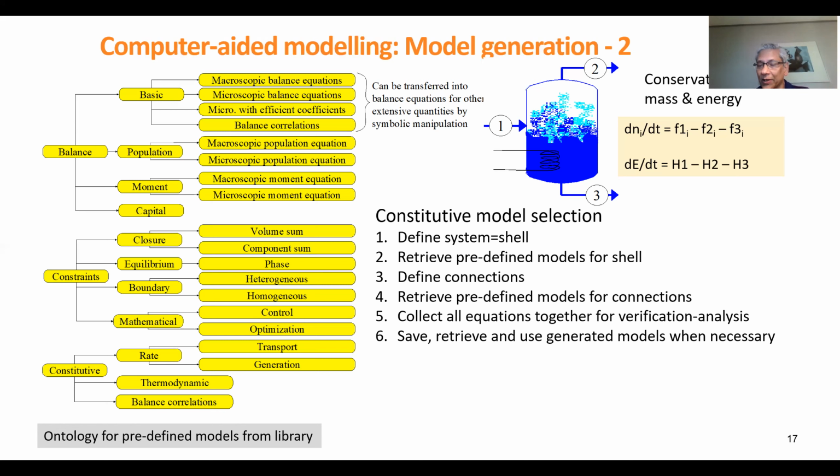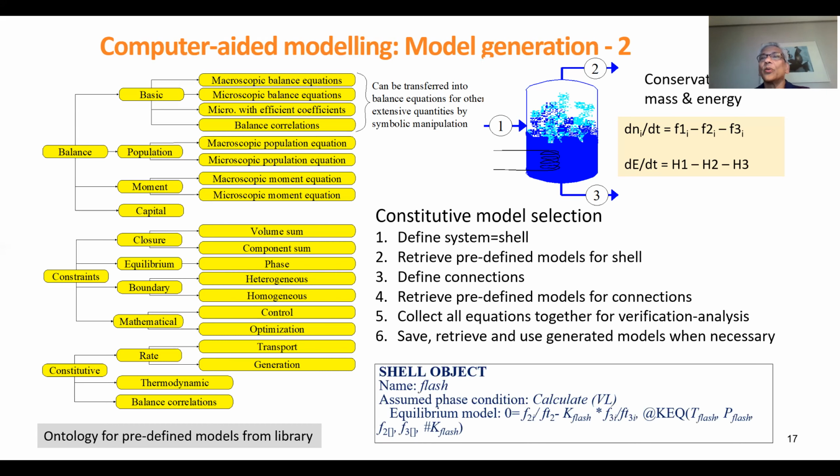The liquid is perfectly mixed. So we then take from the library the model to calculate vapor liquid equilibrium, the model to calculate the equilibrium constant, and so on. And then we embed them into the equilibrium model, and then we embed the equilibrium model into the mass balance and the energy balance. So that's how the model generation would work.